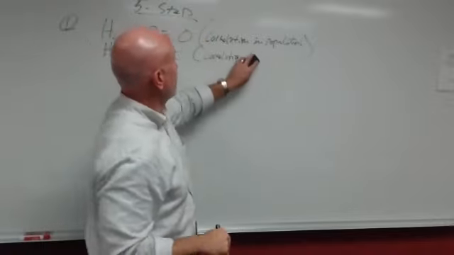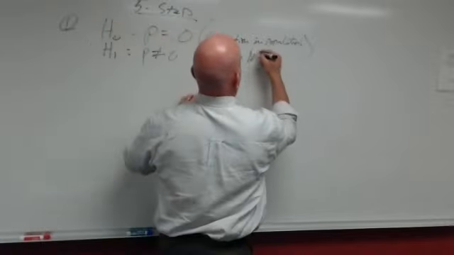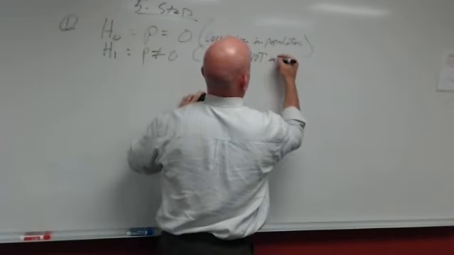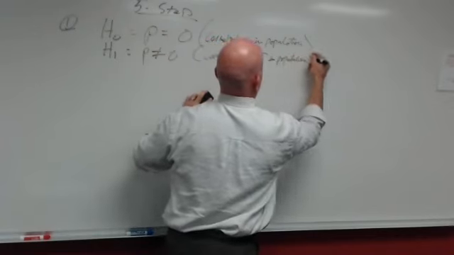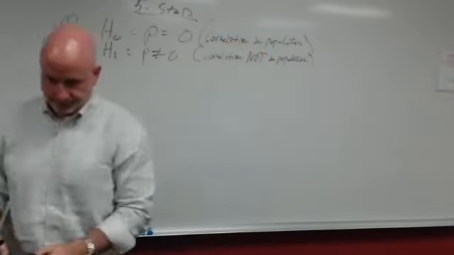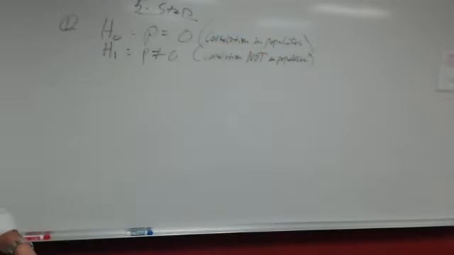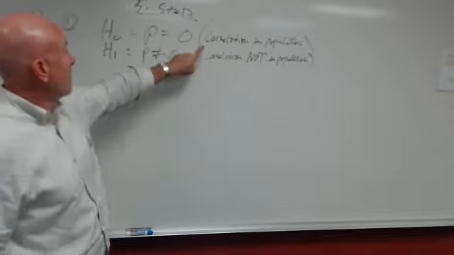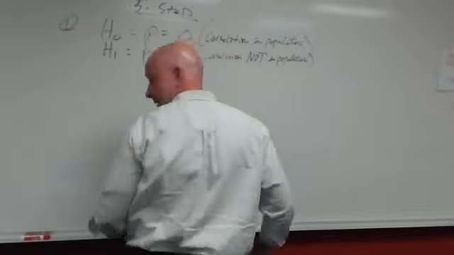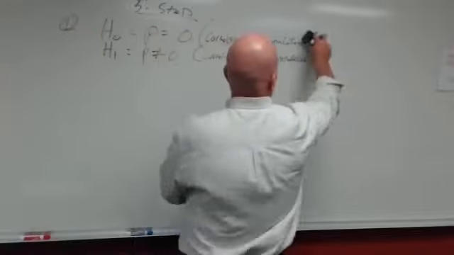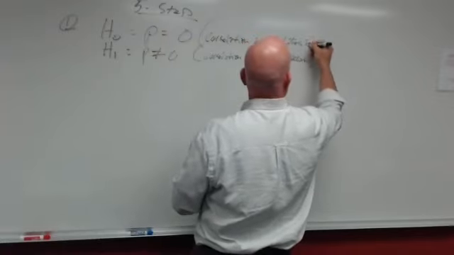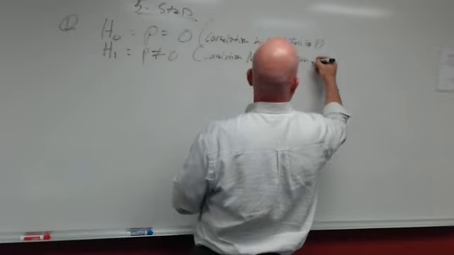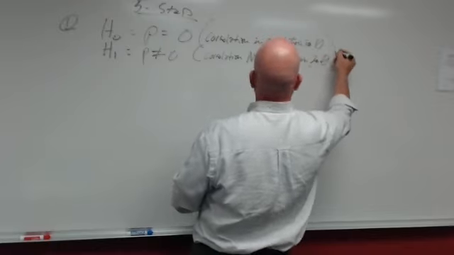So we're going to say the correlation in the population is 0, and then the correlation in the population is not 0.